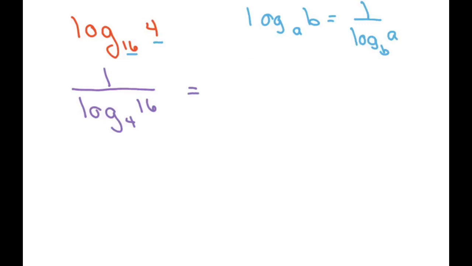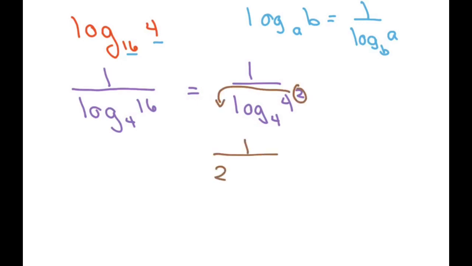Now I can write this as 1 over log base 4 of 4 squared. Bring that 2 in front using my power property. Log base 4 of 4 is just 1, so I get 1/2.